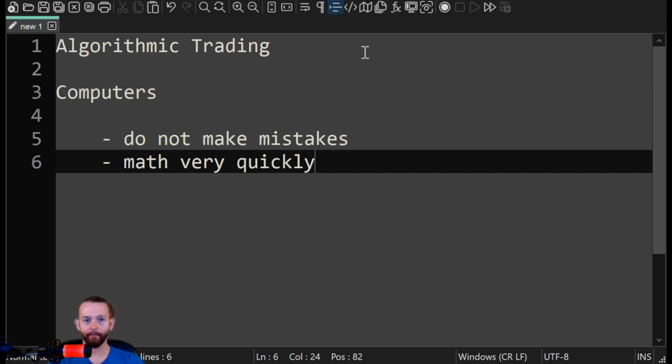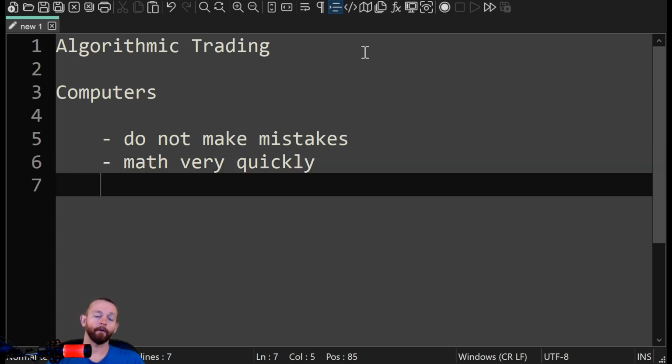There is some math involved. Computers can do that thinking and those calculations a lot quicker than even the best of the best out there. There's just no comparison. There's no human that can do things as quickly as a machine can when it comes to making decisions based on rules and doing math.